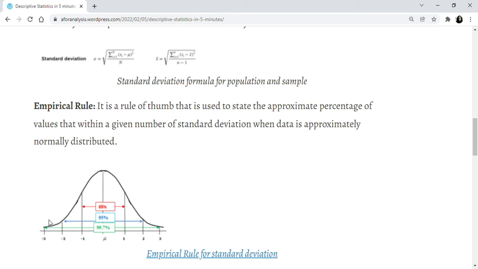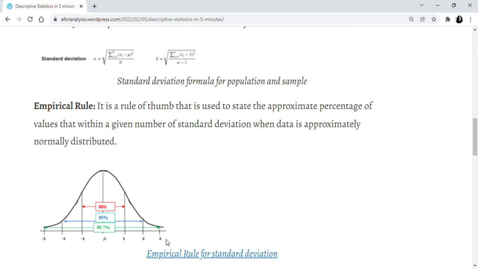And if we take an even broader range from -3 to 3 standard deviations, of course with mu in the middle, then we would be covering 99.7% of the data of this distribution. So that's about the empirical rule. But one thing we have to remember in this case is that the data is approximately normally distributed.